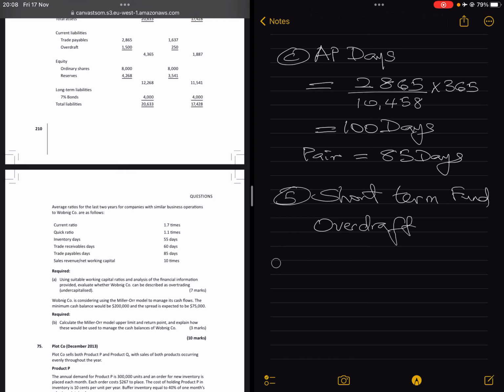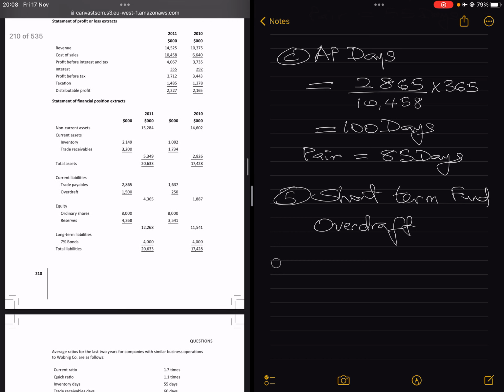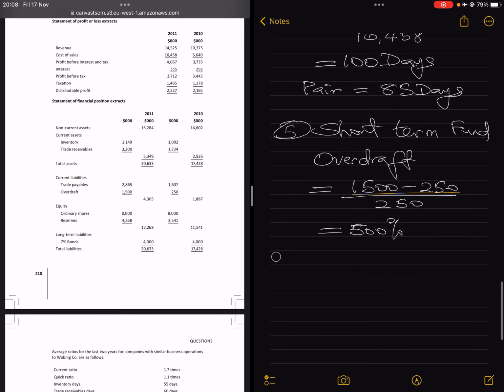If we look at the overdraft balance, it has gone up from 250 to 15. So that is percentage increase of 15 minus 250 over 250. That is 500% increase in short-term funding overdraft. That is a lot. And let's look at long-term funding.